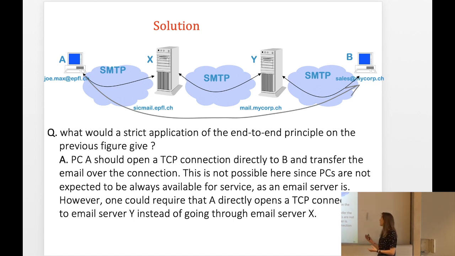The idea here is also that B could be like a phone, and you're not always available to read your messages. You want to read them when you're able to do so. So because of availability, you will typically send it to the server, who will store everything for you and send whatever you received when you are available.